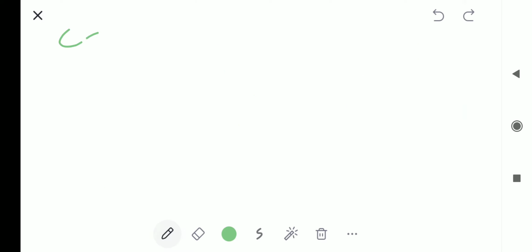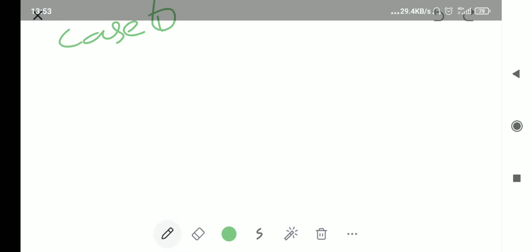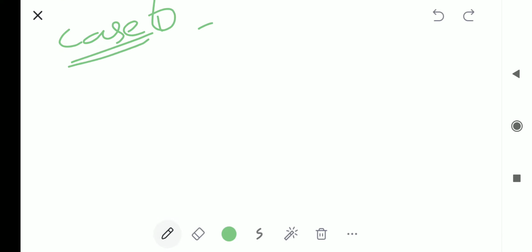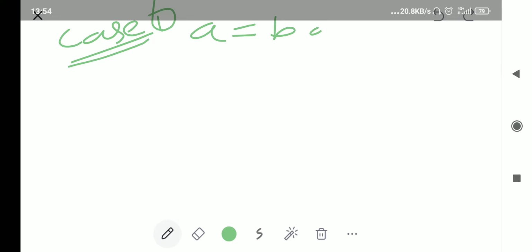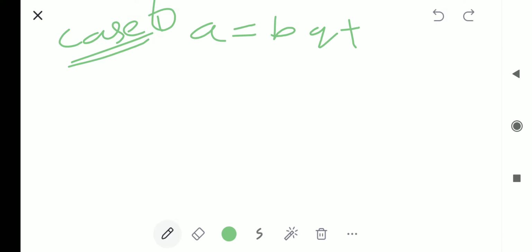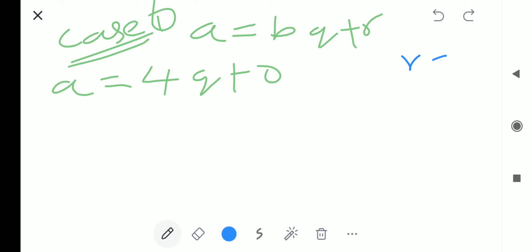Case 1. A is equal to BQ plus R. You know, A is equal to B means 4, Q value we don't know, plus R is 0. Case 1 is R is equal to 0.